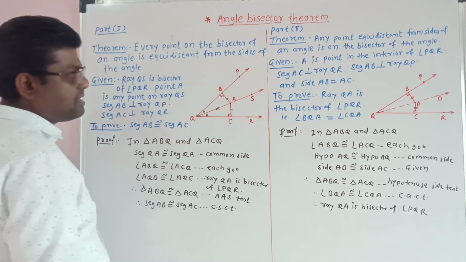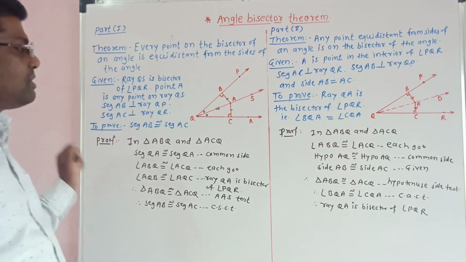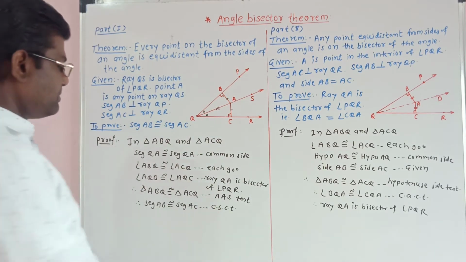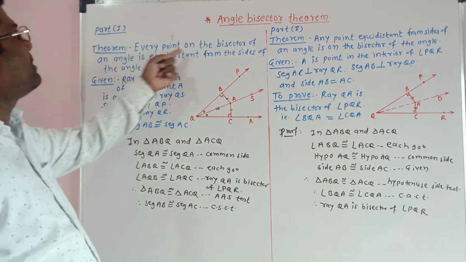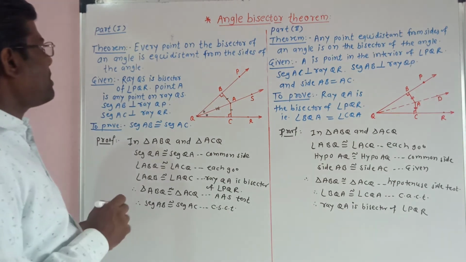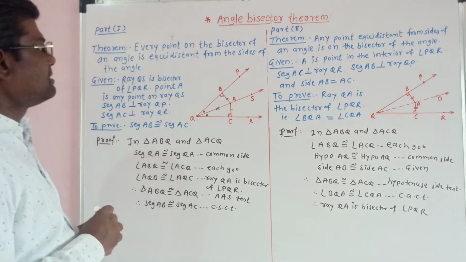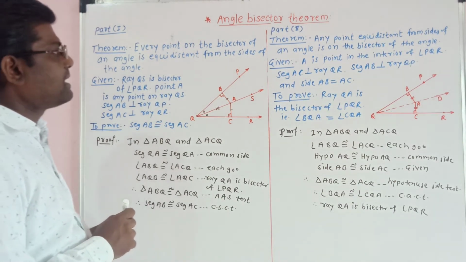This is CSCT, corresponding sides of congruent triangles. Therefore every point on the bisector of an angle is equidistant from the sides of the angle.